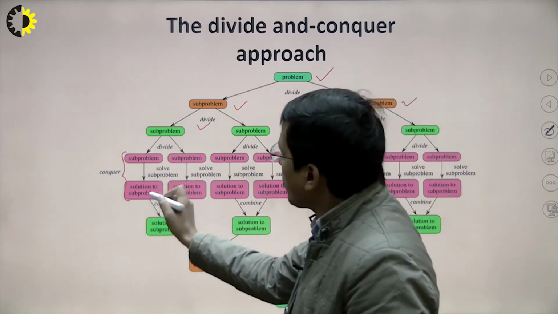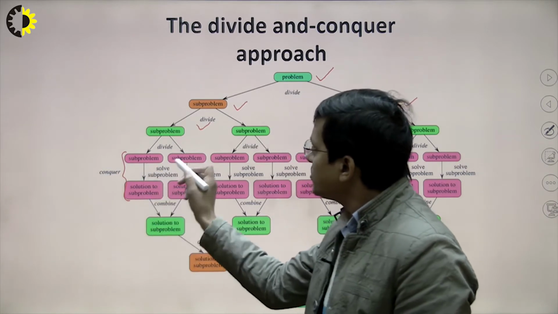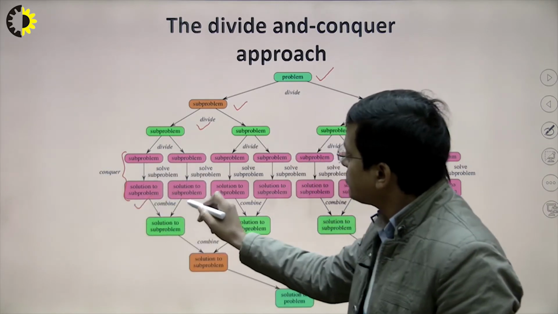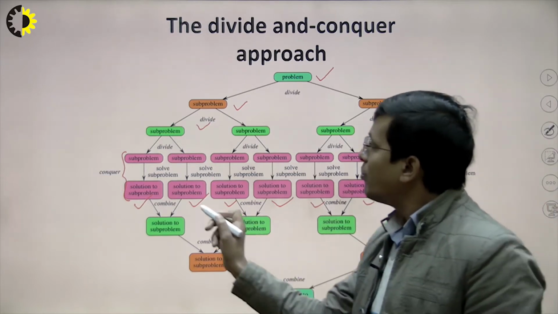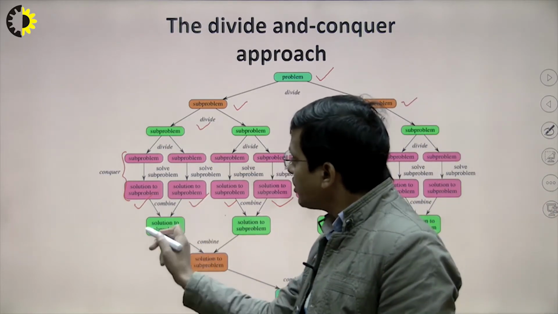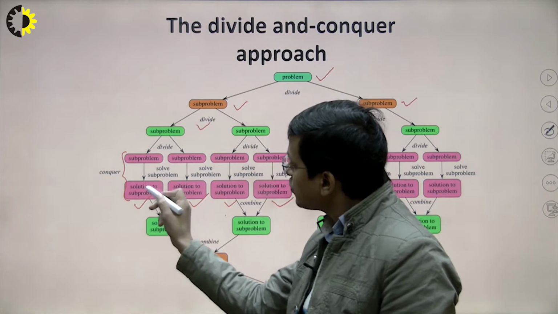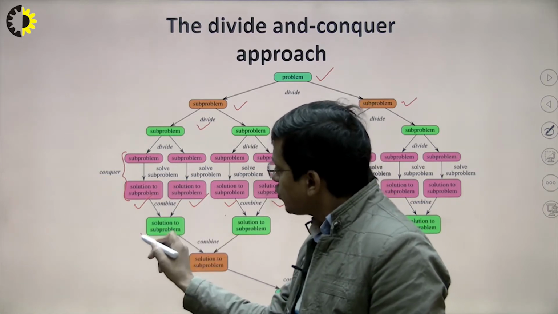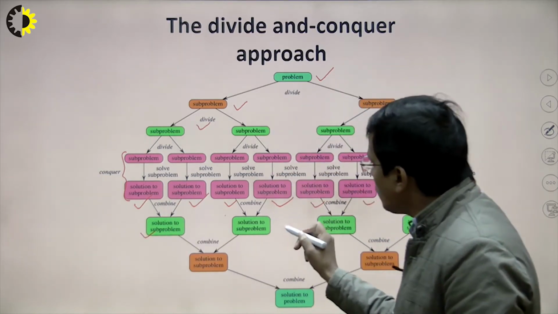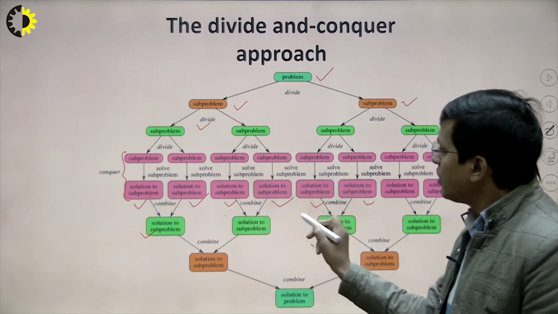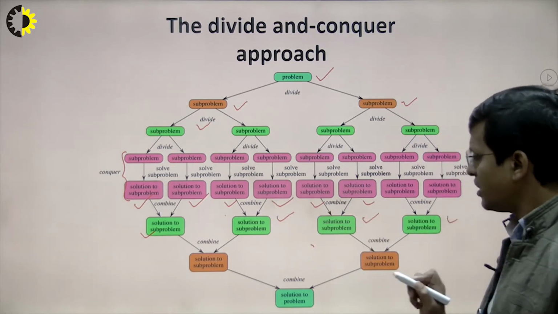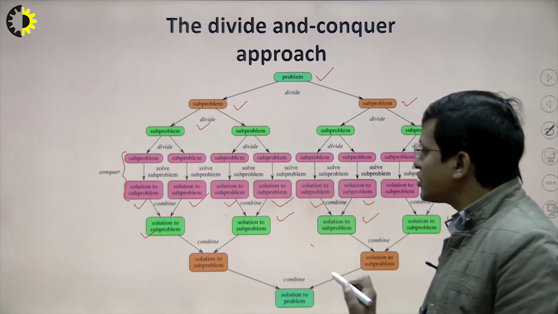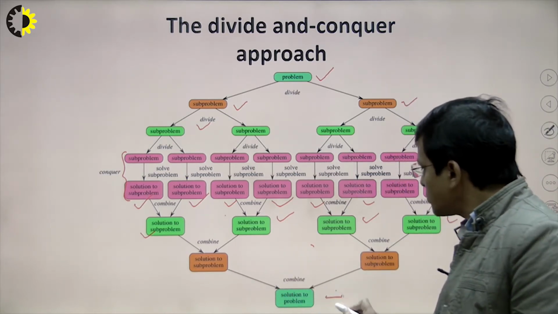So we get the solution of the sub problems, and then we try to combine. This is the combine approach, we are combining the solutions to get the solution of the sub problem. Similarly we get the solution of this problem, and this one and this one. Now this is the final combination for finding the solution of the original problem.